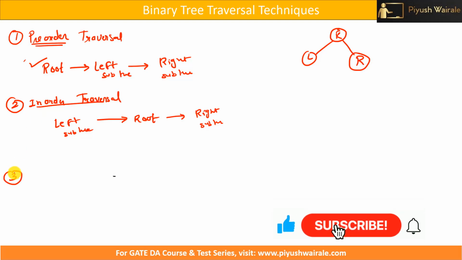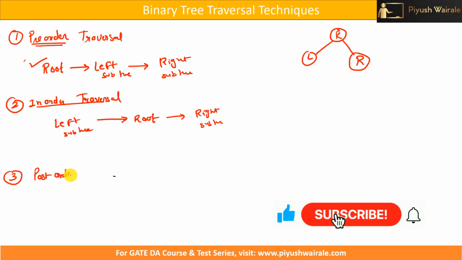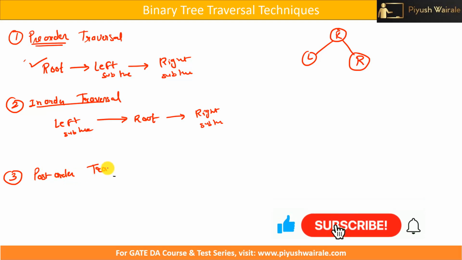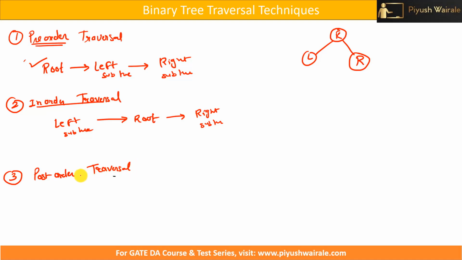We have one more traversal technique, that is post-order traversal. In post-order traversal, first we explore the left subtree, then we explore the right subtree, and then we explore the root node.